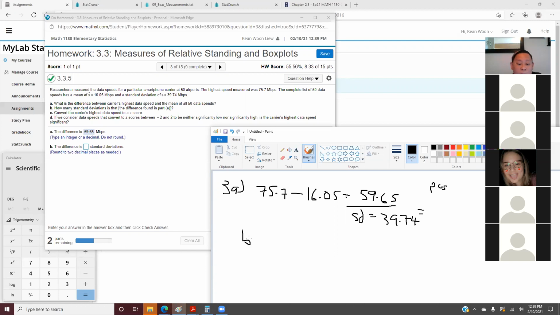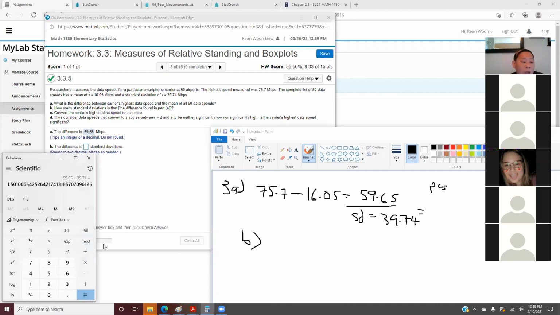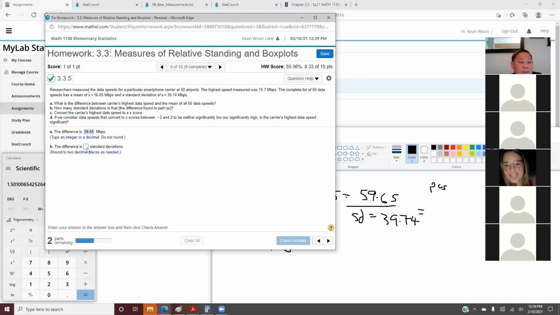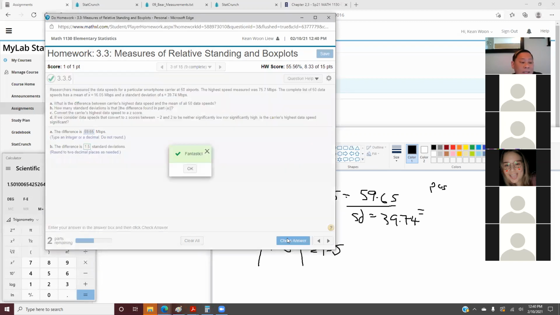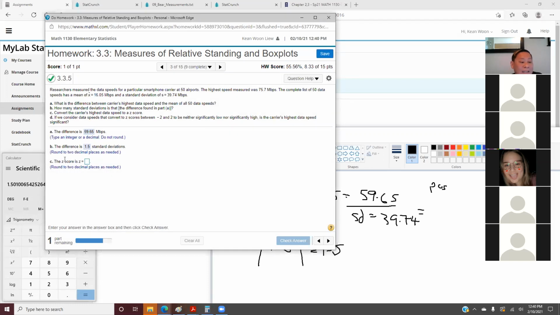So for part B, you divide by 39.74 and it is 1.5. Since it's positive, this is good. If your calculator gives negative 1.5, you have to take the absolute value of it, so it becomes 1.5. The z-score is the same thing as part B, also 1.5.